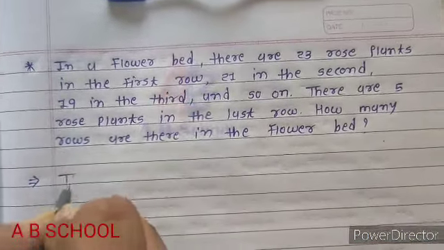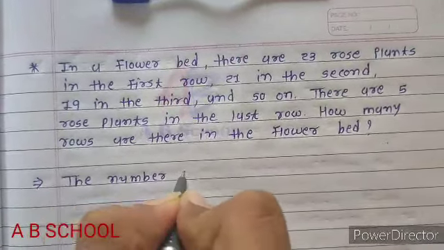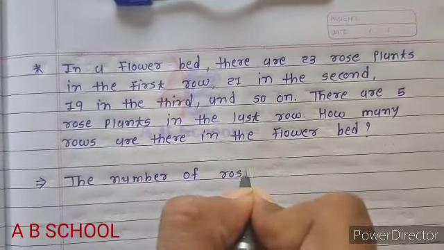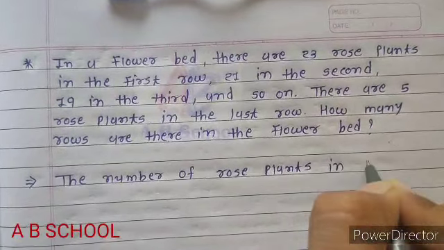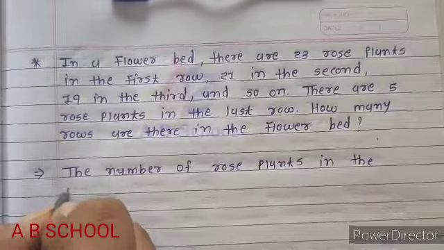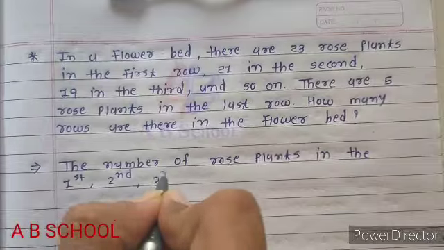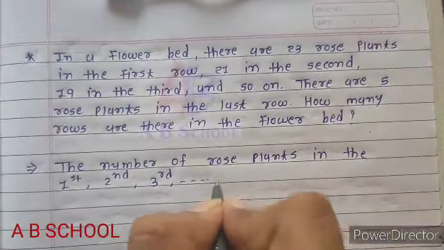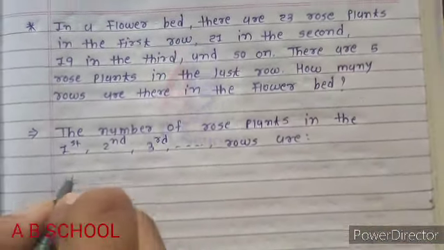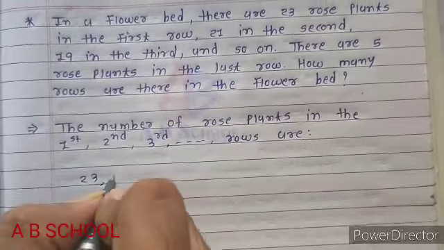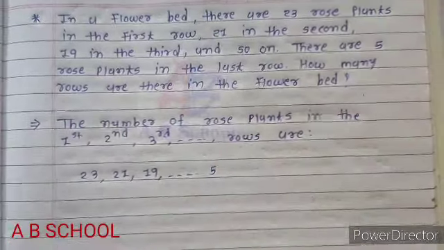Okay. So the number of plants in the first, second, third, up to so on rows are 23, 21, 19, and for the last row 5.